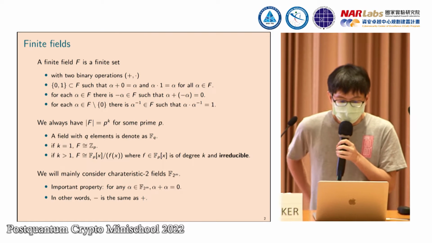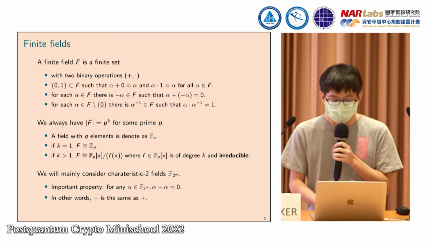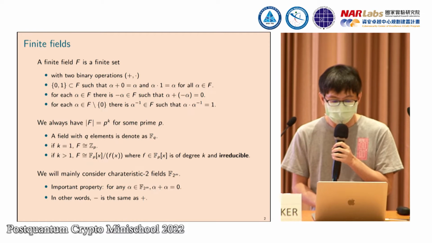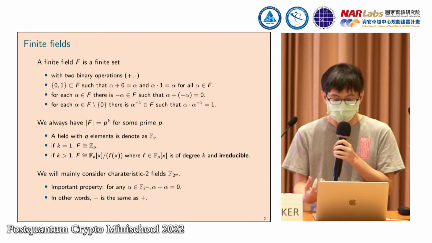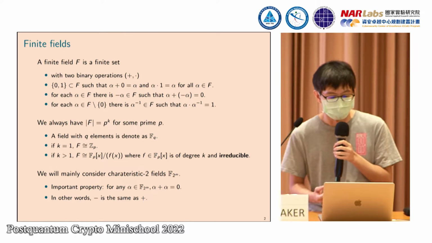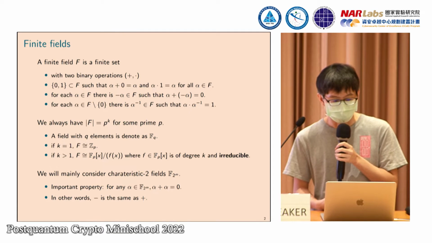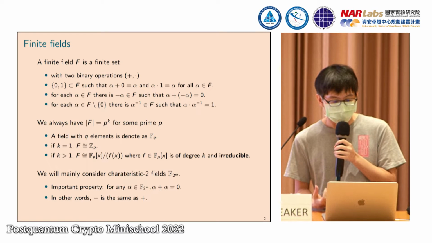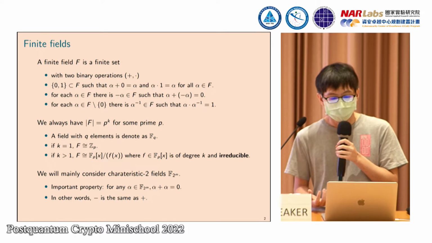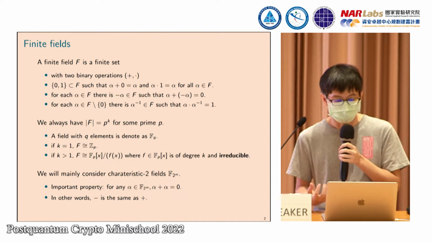Okay. So first of all, I would like to say a little bit about the basic mathematical background we need to have. Of course, many of you should already know this, but just in case you don't, let me try to recall what finite fields are. A finite field is a finite set with two binary operations. There are some other properties these two binary operations need to satisfy, but let me just omit them.